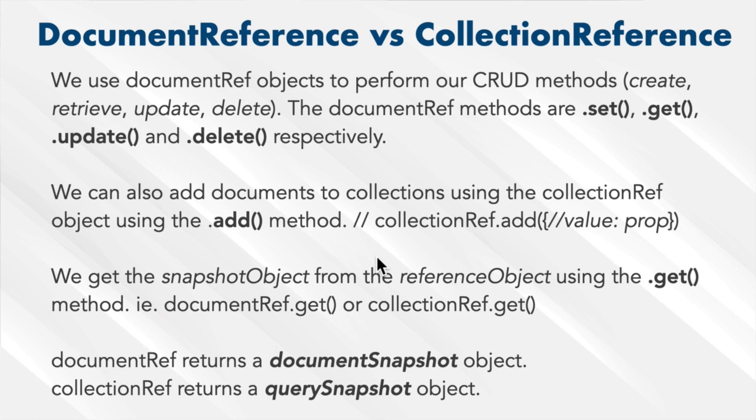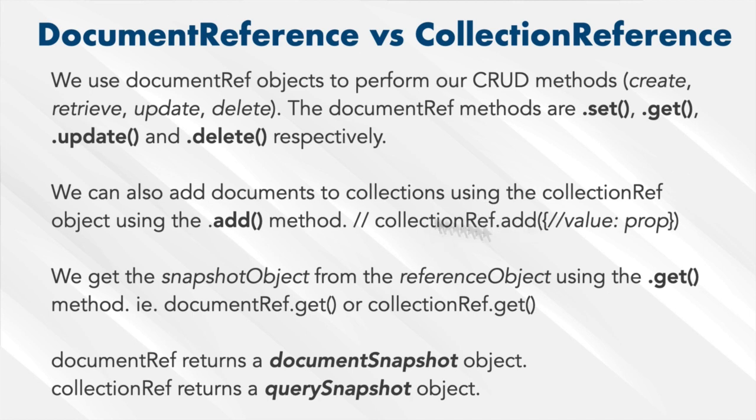We can also add documents to collections using the collection ref, as long as we use the method .add on that collection ref. So as you can see here, if we call collectionRef.add, and then we pass in an object with the value props of what we want to add as a new document to this collection, collectionRef.add will do that for us.